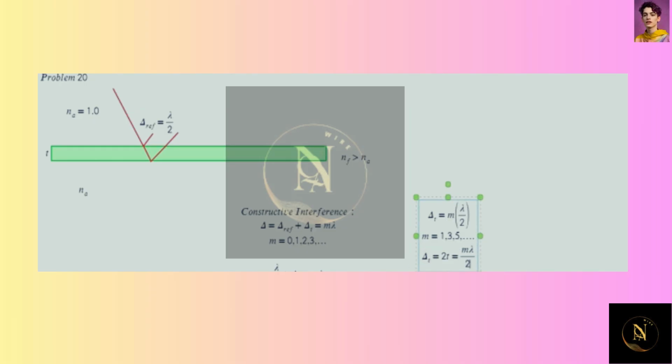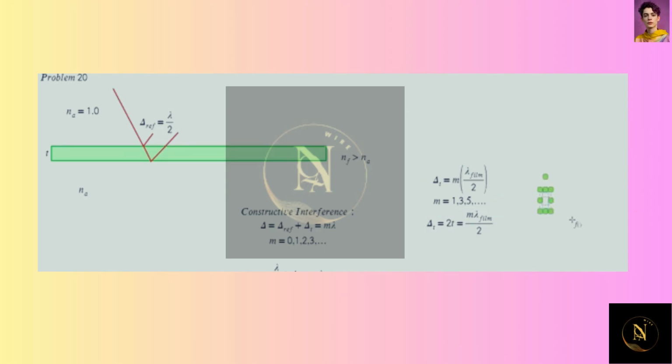Now, the other thing that we have to be concerned about is that this lambda is not the lambda of the light in air, it's the lambda of the light in the film, because that light is in the film for this delta t. So how do we rewrite this lambda film in terms of the regular lambda?